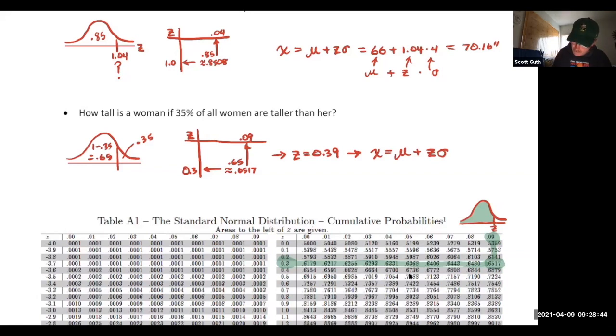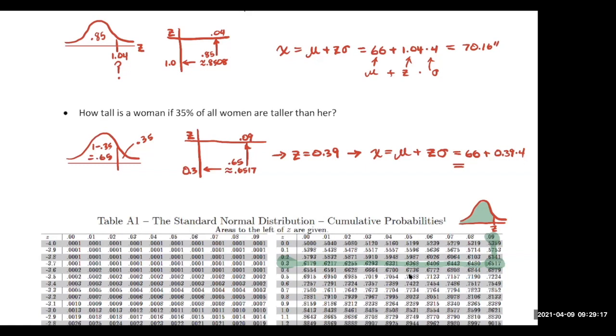So the mean is 66, and then you want to add 0.39 standard deviations, and the standard deviation is 4. 67.56.